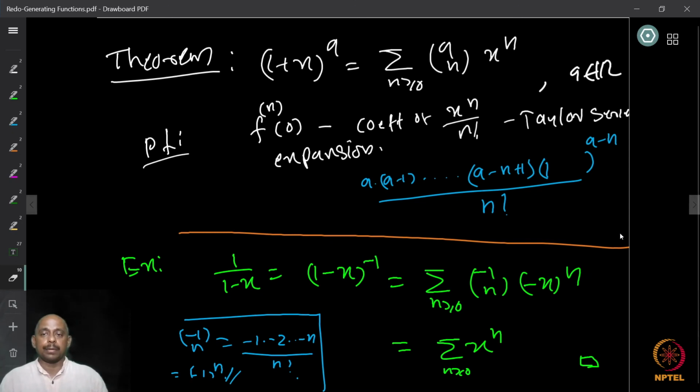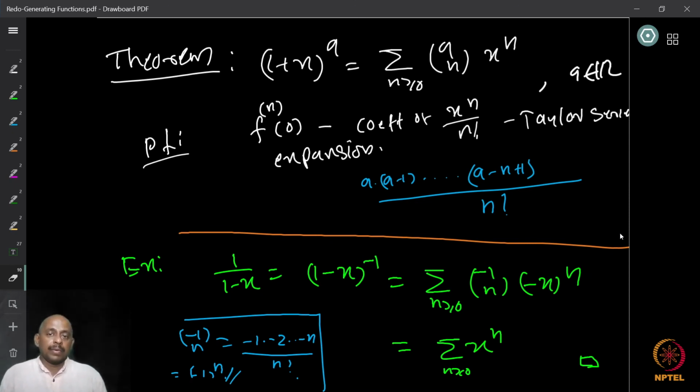So this becomes 1. Therefore, I just have this, which is the definition of the binomial coefficient a choose n. Since the coefficient of x raised to n is a choose n, I have the theorem. So that is the proof.